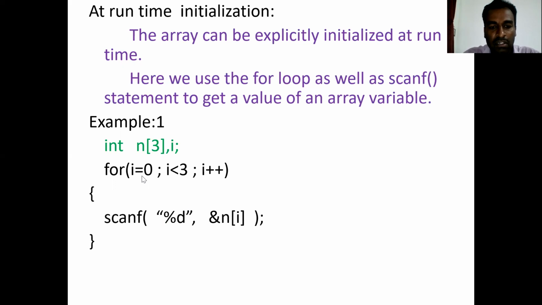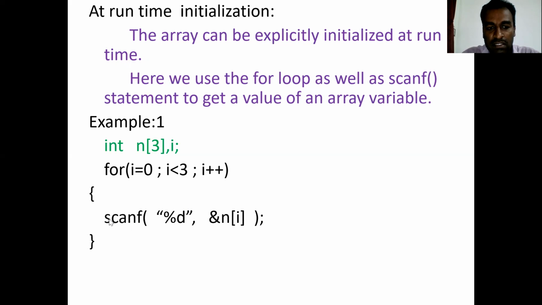Initially I equal to 0, I less than 3. The condition is true. It comes inside the loop to get the input value and n of I. N of I means n of 0 gets the input value. Here I gave the input value as 1. Next I equal to 1.